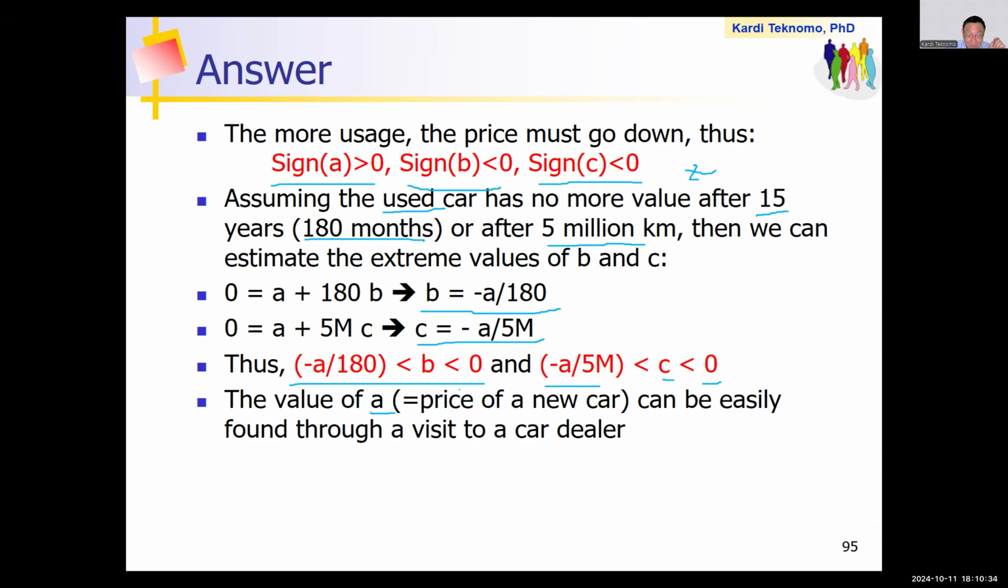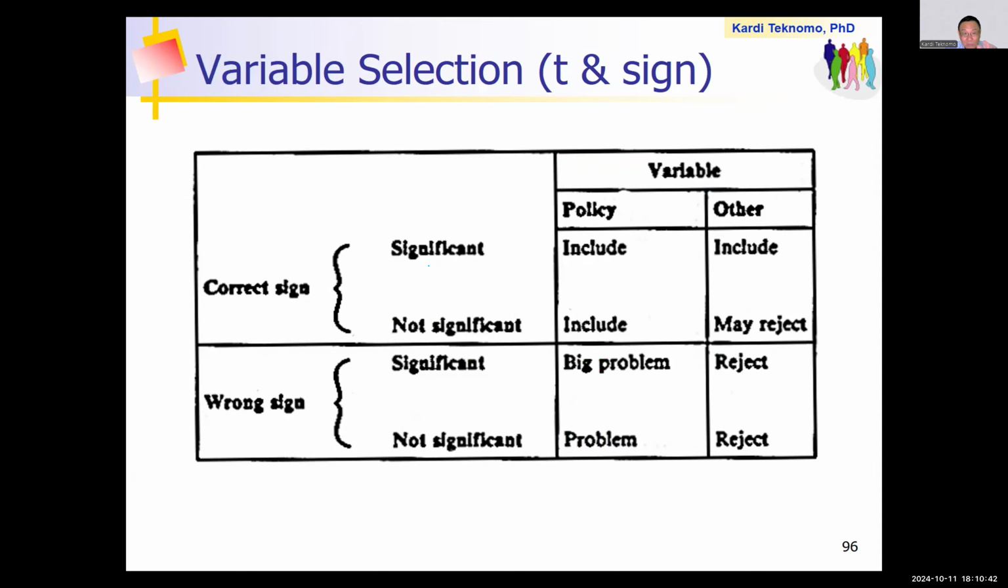Now, in real life, things are not as simple as this. After you do regression, say you have many variables from the survey, you need to distinguish between the types of variables. First, policy variables. These are the decision variables, something that you will use in your model to decide.